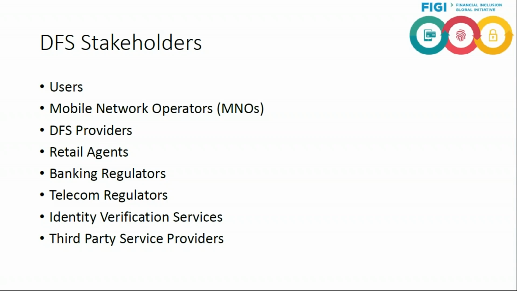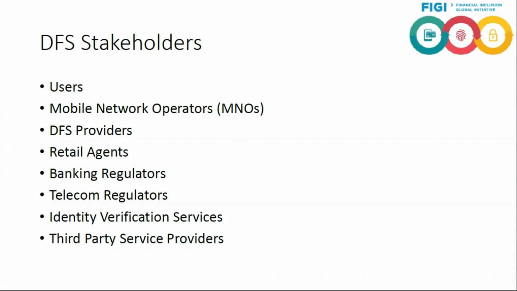So as a regulator, I cannot regulate all of these entities. I cannot come up with a regulation which is applicable to all of these entities, because by law I am only authorized to regulate the licensed banking service providers or the payment service providers.